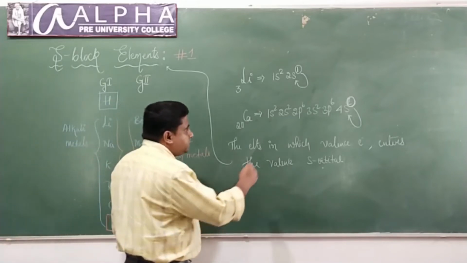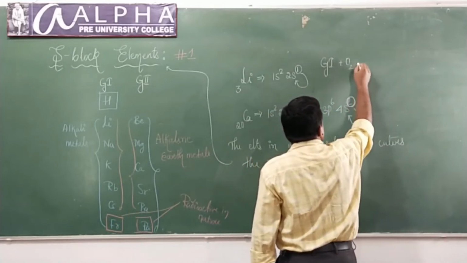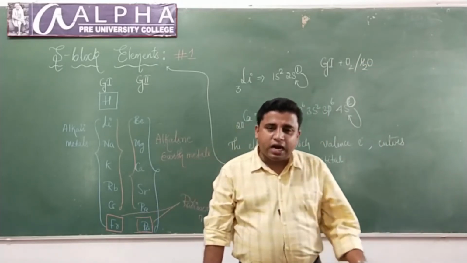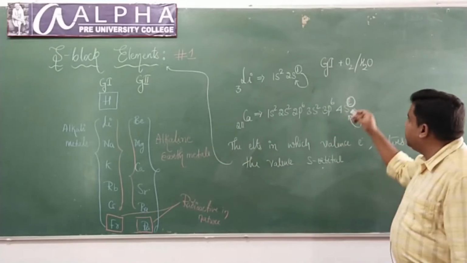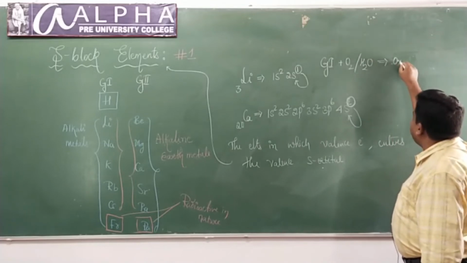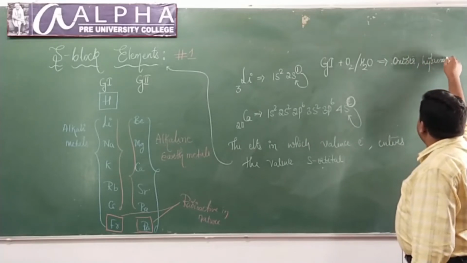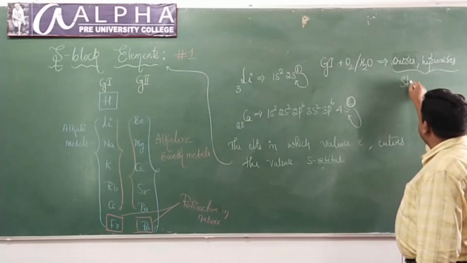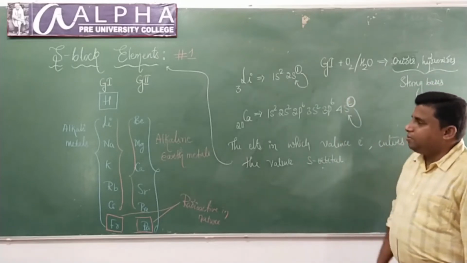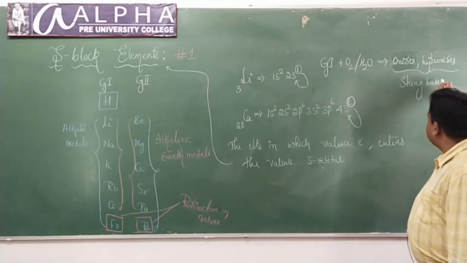Look here, group 1 elements, when they react with oxygen or water, form metal oxides and hydroxides, which are strong bases.